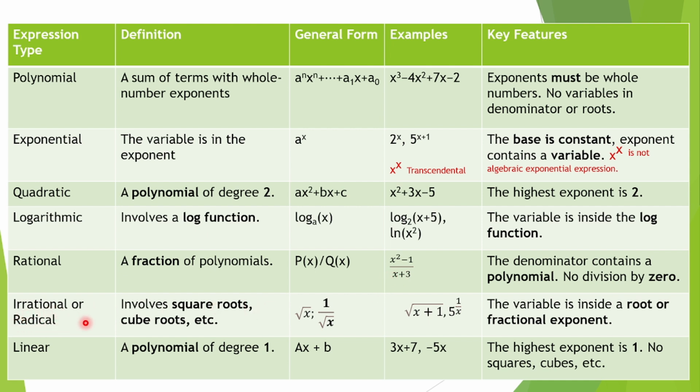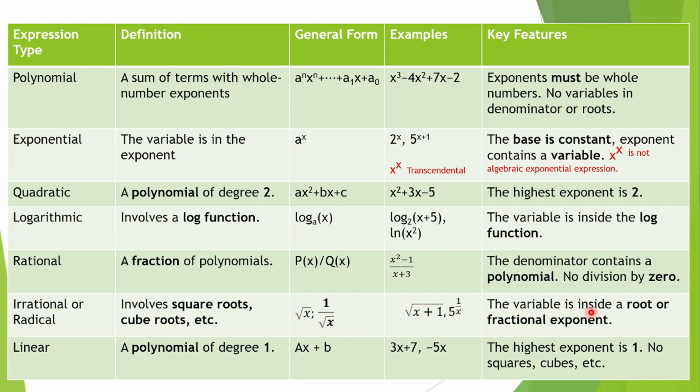Irrational or radical expression. The most appropriate word for this is radical expression, basically. This is more correct. By definition, it involves square roots, cube roots, etc. For example, under root x is a radical expression, and 1 divided by under root x is a radical expression. This is the general form, and for example, under root of x plus 1 and 5 raised to the power of 1 divided by x.